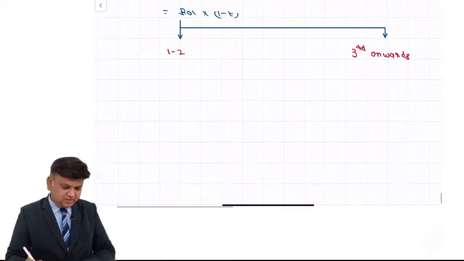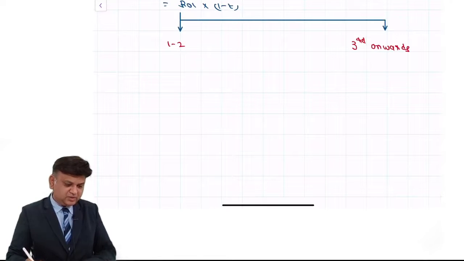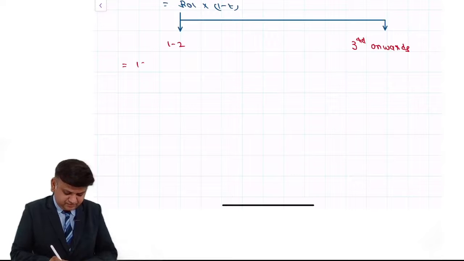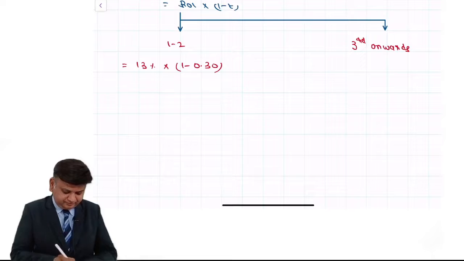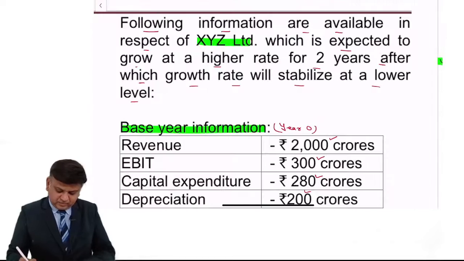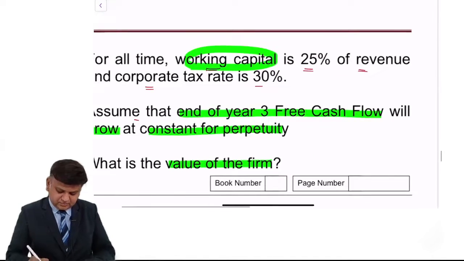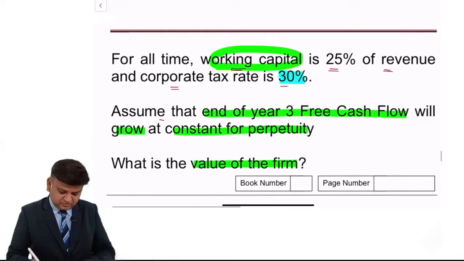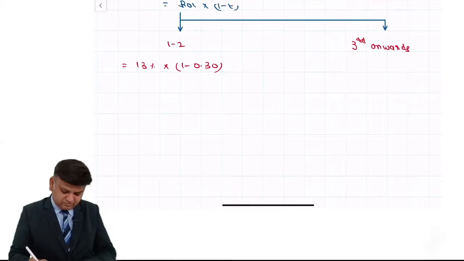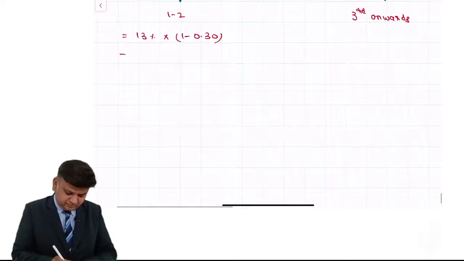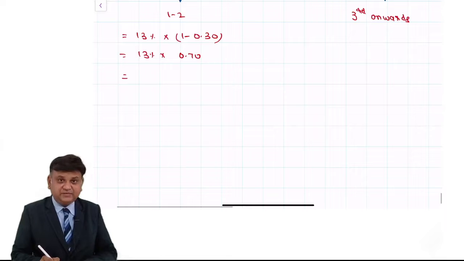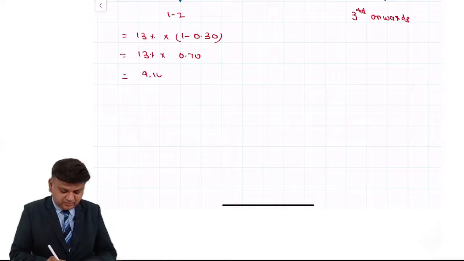For first and second year, the rate of interest is provided to us as 13% and income tax rate is given as 30%. That is what is provided to us. This is 13% and this is 30%. 13% into 0.7, that comes to 9.1.